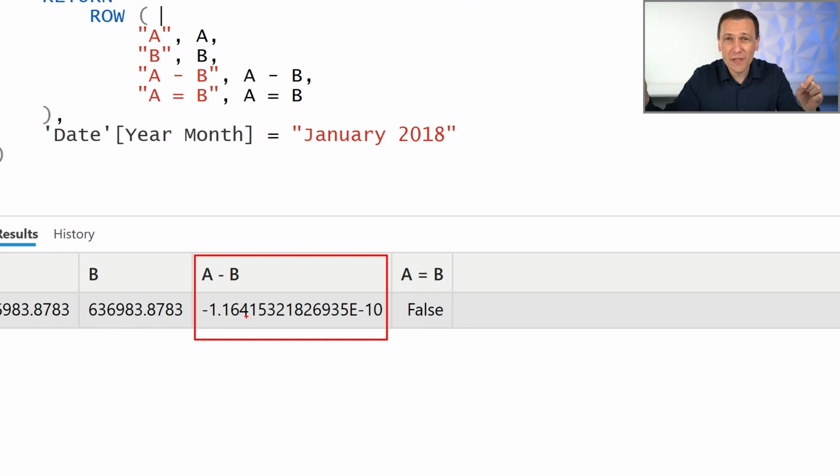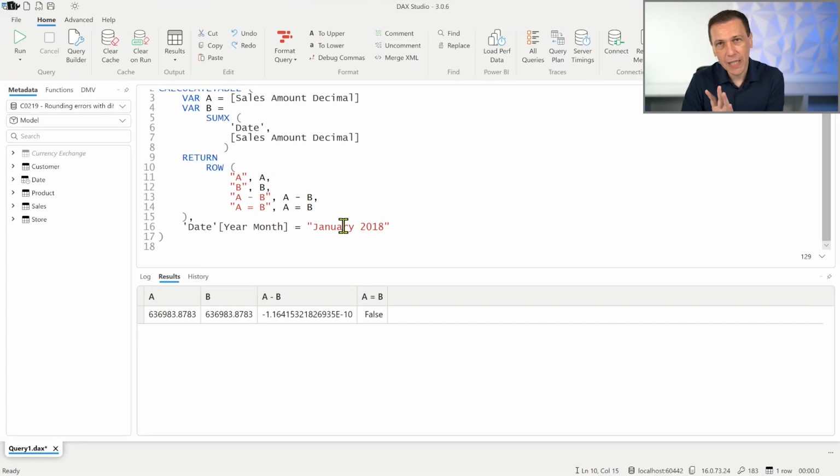So it's 0, 0, 0, 0, 0, 0, 1 something. But this small difference is enough to fail the comparison between A and B. So this is the situation. Even for a simple calculation like this one, because we are comparing two floating point numbers, we should use a range of tolerance.